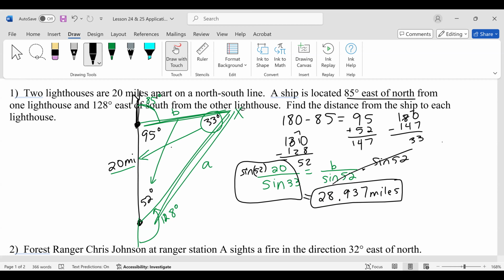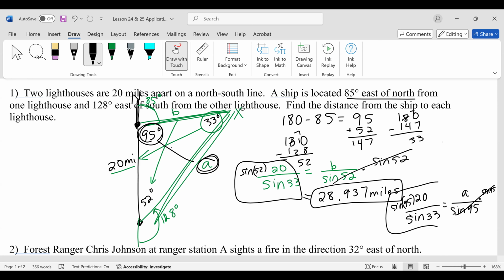Your other one, we still have sine of 33 with its side 20. And now let's find the longest side, A. I know that's the longest side because it's across from the biggest angle, sine 95. So multiply both sides by sine of 95. Those cancel. Sine of 95.